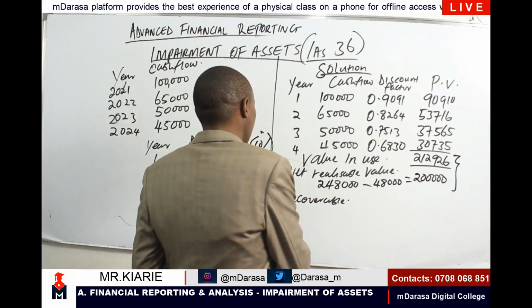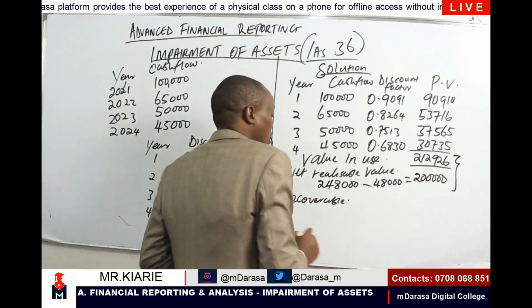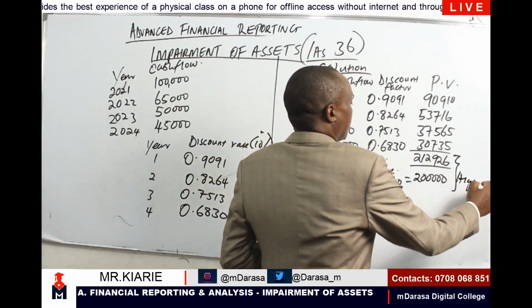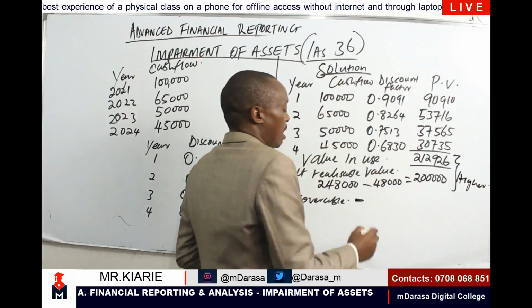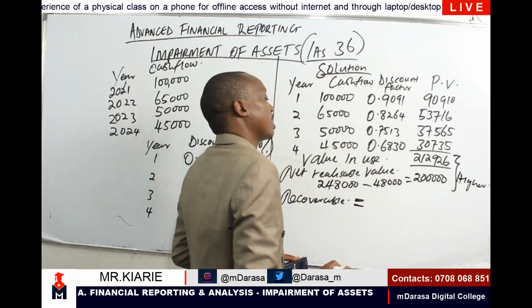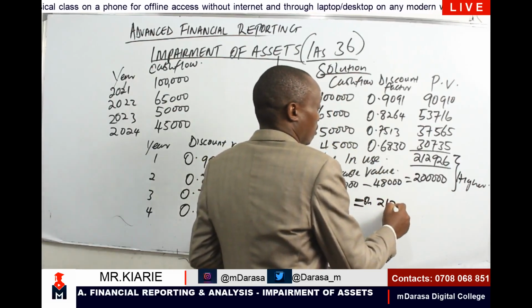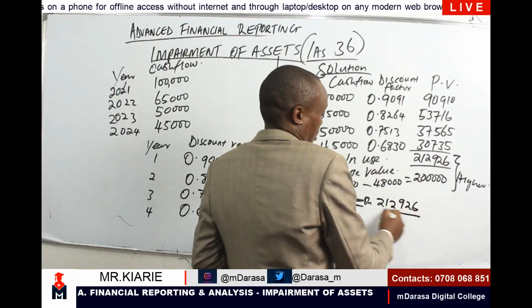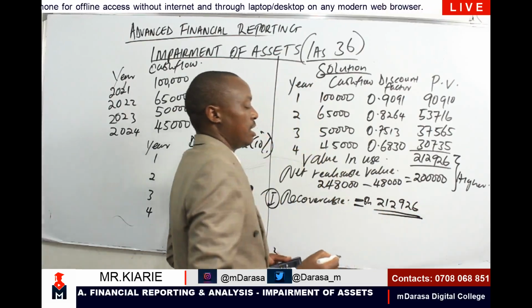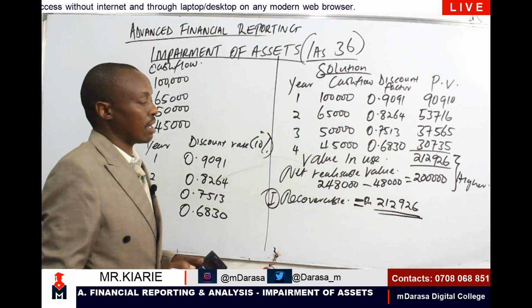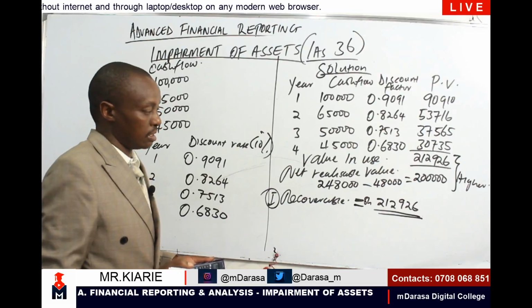So the solution to our first part of the question, the recoverable amount, is shillings 212,926. And ladies and gentlemen, that's how we determine the recoverable amount of an asset.